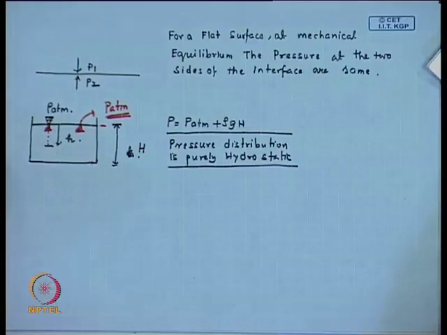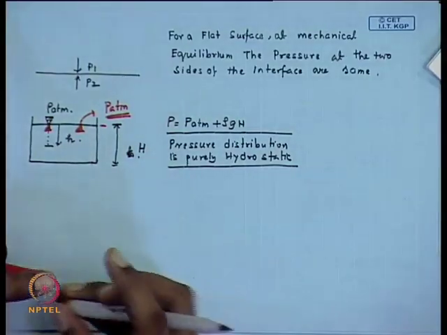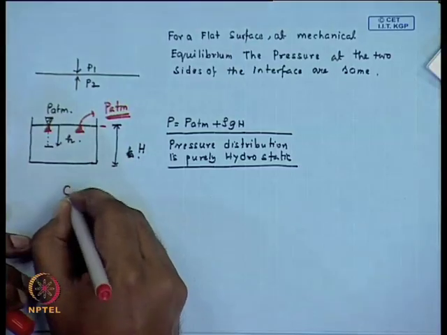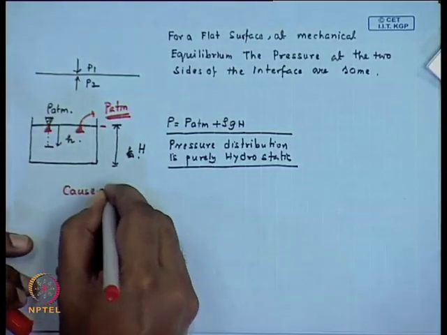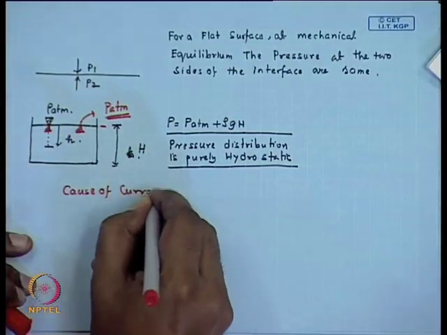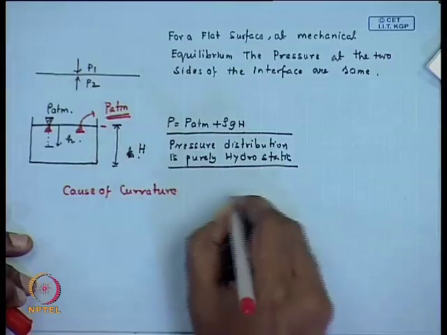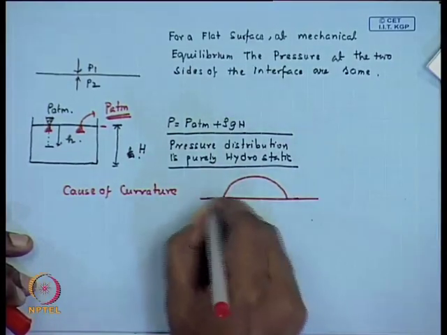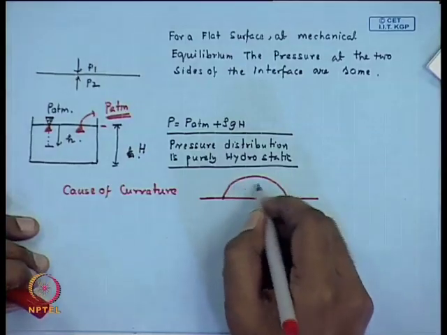Now, for a non-condensed liquid phase, the curvature is caused. Now, you have to understand what is the cause of this curvature, and as I tell you this effect is more pronounced in a liquid. So, we were happy to draw while considering Young's equation a liquid shape like this.